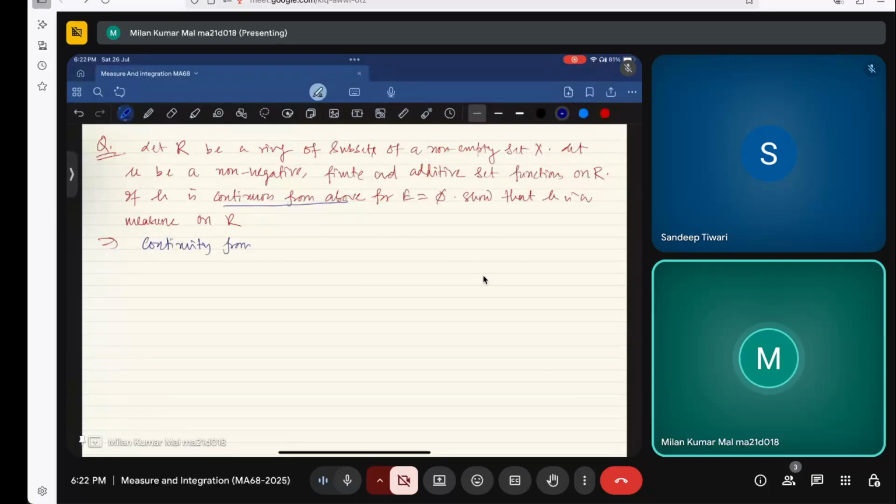Continuity from above means it is for decreasing sets, for E equal to the empty set only.